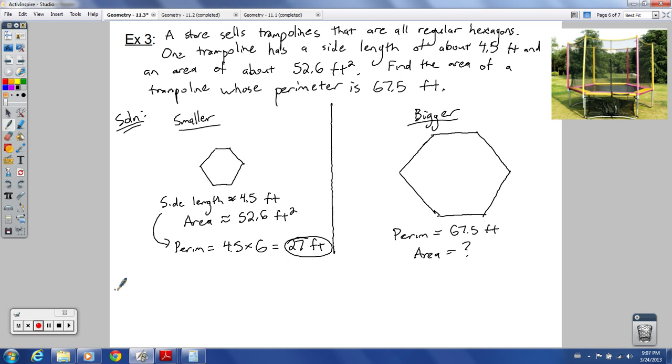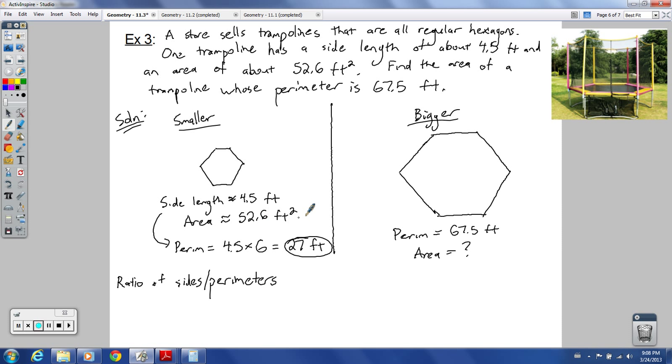Knowing that that is the case, I can say then that the ratio of the perimeters, which is the same as the ratio of the sides. Why don't I actually put that in like I had done in the previous one. I'll put sides slash perimeters. Ratio of the sides slash perimeters, they're the same.